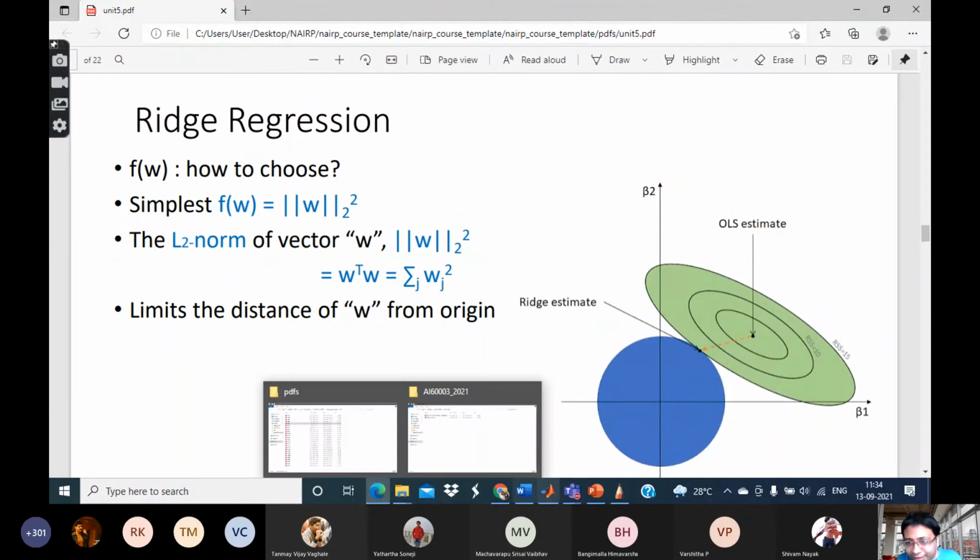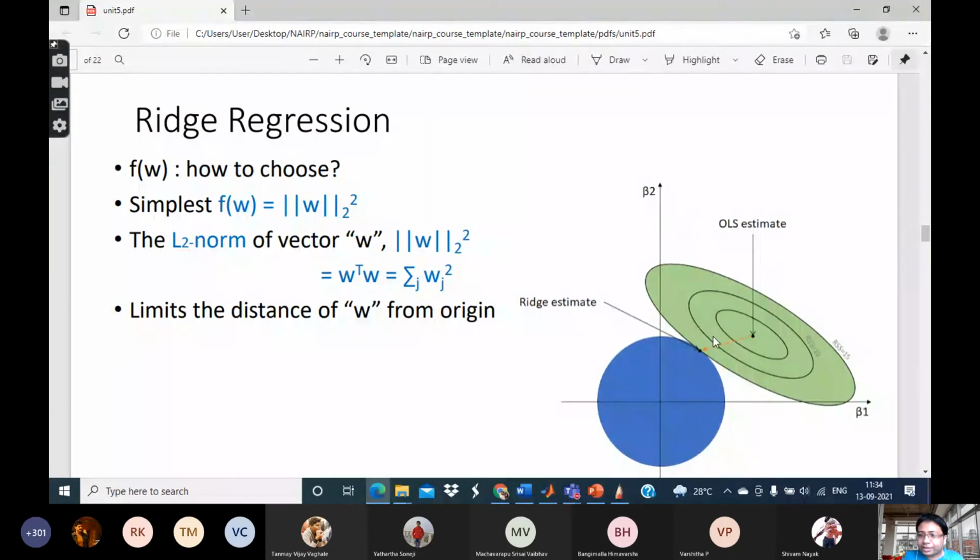Let us consider the two-dimensional space only, so D equal to 2. The W we are looking for is a two-dimensional vector, which basically means that we have one attribute and one bias. Let us say that along this horizontal axis we are plotting the weight of the feature or the attribute, and along the y-axis we are plotting the bias term.